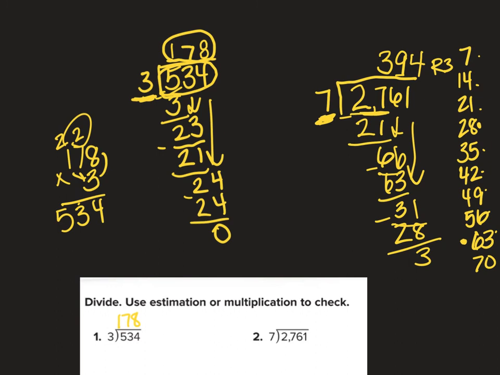Let's check this one. I'm going to write it down. 394, remainder 3. Let's check with multiplying for this one. Okay. So first I need to do 7 times 394. 4 times 7 is 28. 9 times 7 is 63, plus 2 more, 64, 65. 7 times 3 is 21, plus 6 more is 27.